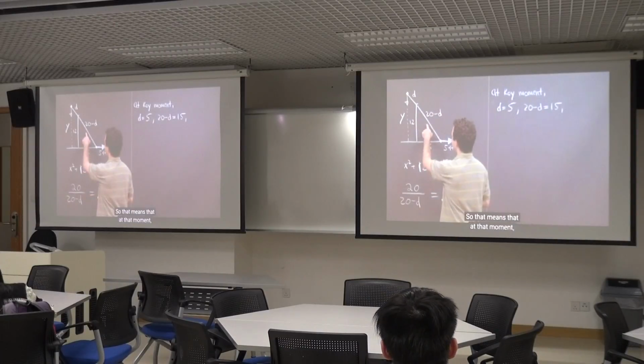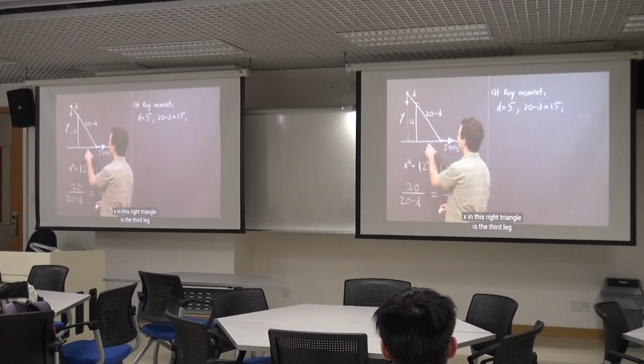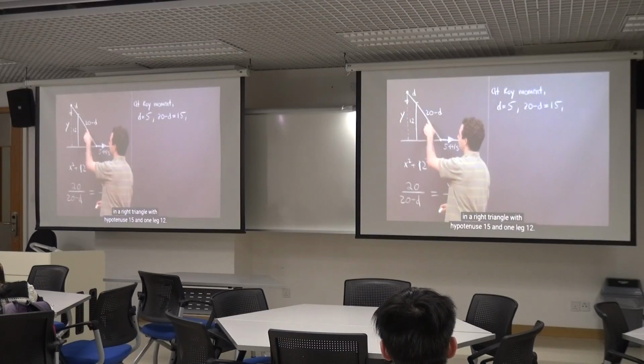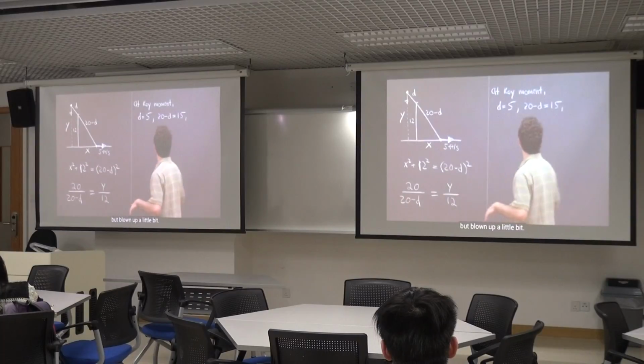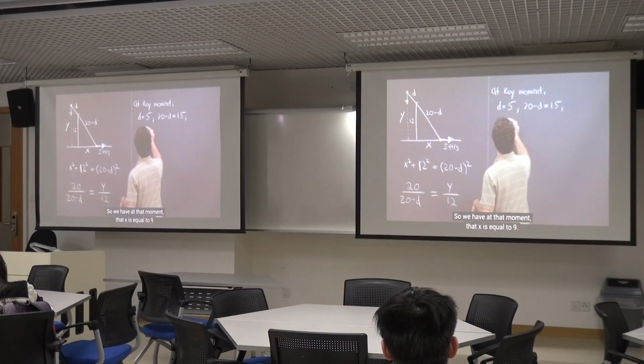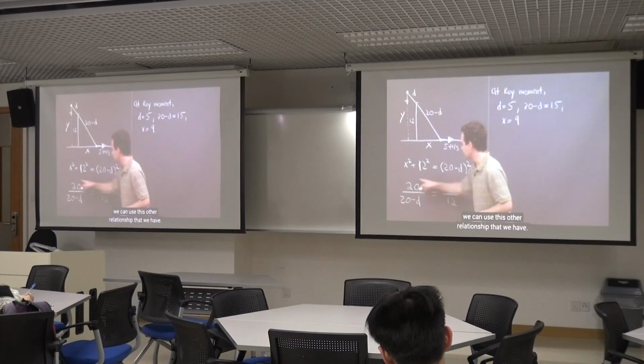What else does that mean? That means that at that moment, x in this right triangle is the third leg in a right triangle with hypotenuse 15 and one leg 12. So that's one of your 3, 4, 5 triangles, but blown up a little bit. So we have at that moment that x is equal to 9. And to figure out y, we can use this other relationship.